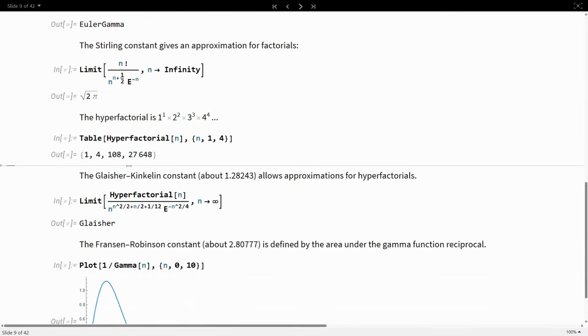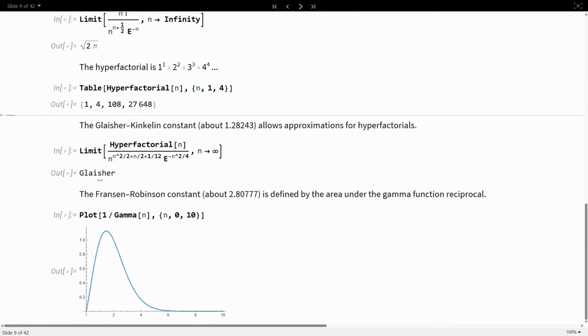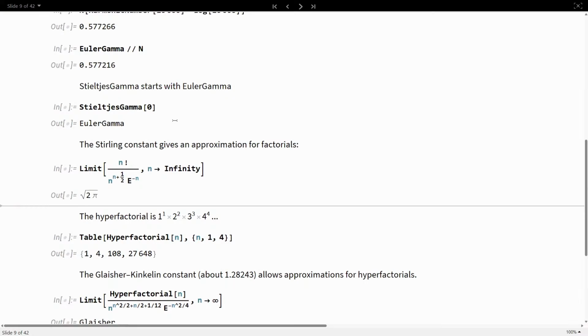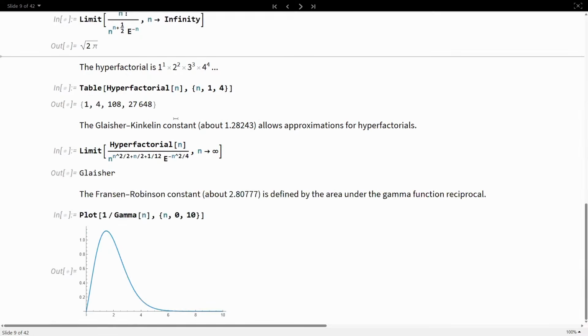The hyperfactorial goes to the Glaisher constant, which is an approximation to the Stirling constant. And the related Franсén-Robinson constant is the area under the gamma function, which is related to factorials.